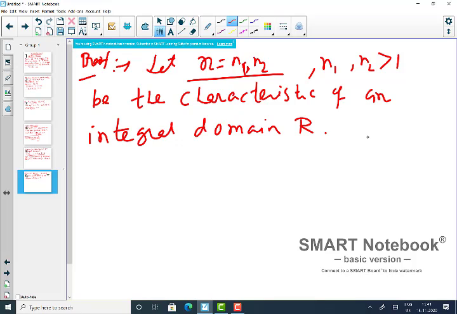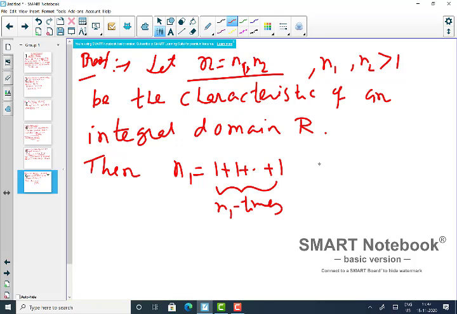Now in an integral domain, you know that these elements, you can write n1 as 1 plus 1 plus 1, n1 times. Okay, so this is an element in the integral domain R, right, as 1 belongs to R, right?